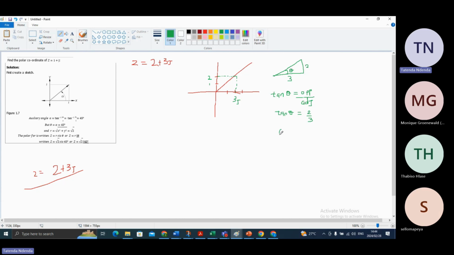Meaning your theta is equivalent to tan inverse of 2 over 3.